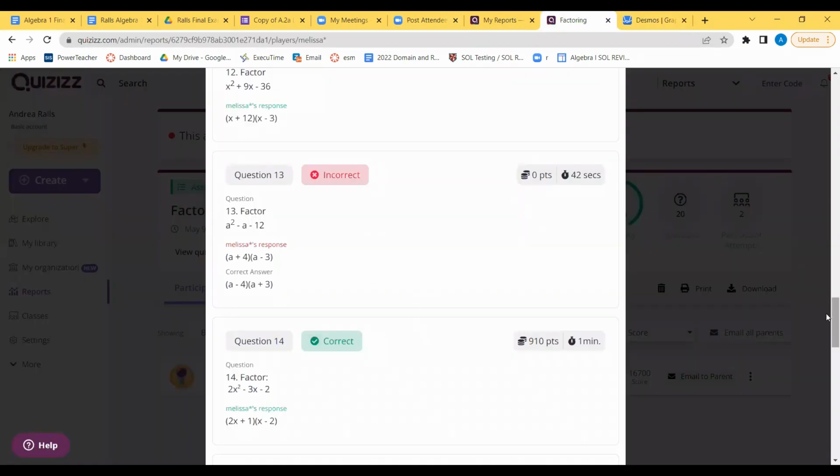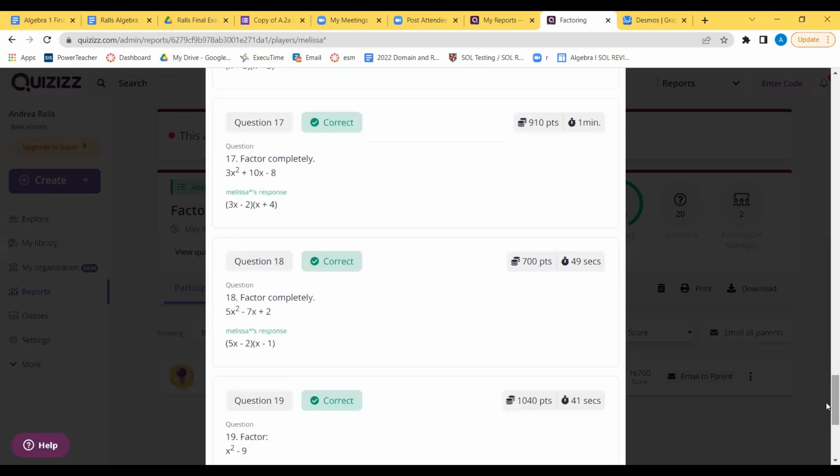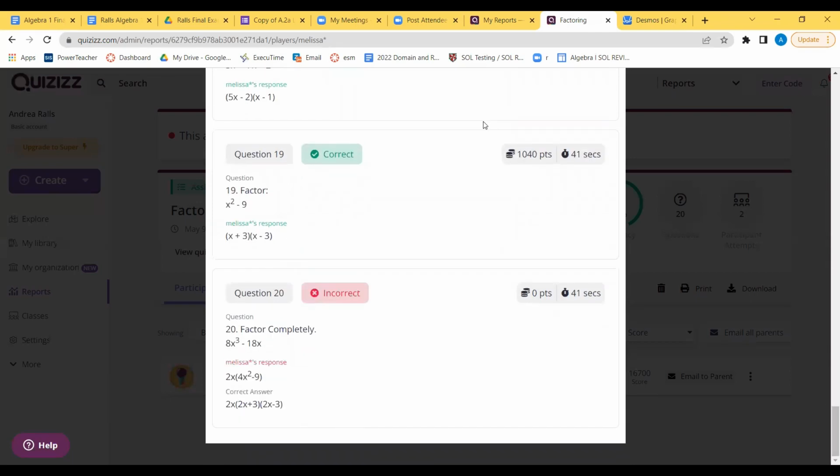All right, so let's take a look at your last one that you got incorrect. Keep in mind that your first step is to always take a look at the GCF. You did pull out the GCF, which is 2x. What you have left is 4x squared minus 9, but you always want to see if you have anything left to do.